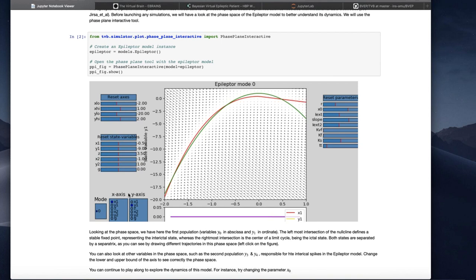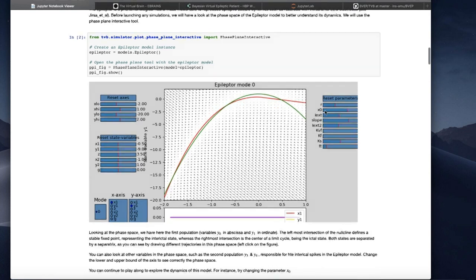As it is a complex model, with high dimensions, you can choose the state variables you want to visualize. You can also here modify the parameters and see how the system behaves depending on the value of the parameters.